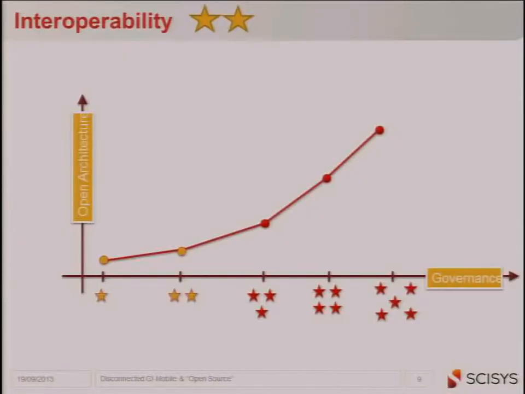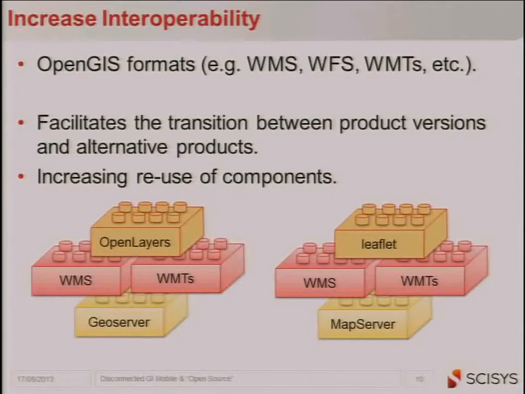Interoperability, that's going to give you 2 stars. And this is all about how you are going to glue the various components. We've got all those Lego blocks again that I used as an analogy to start with. And this is very much what will help you to disseminate the data between the various components of your solutions.